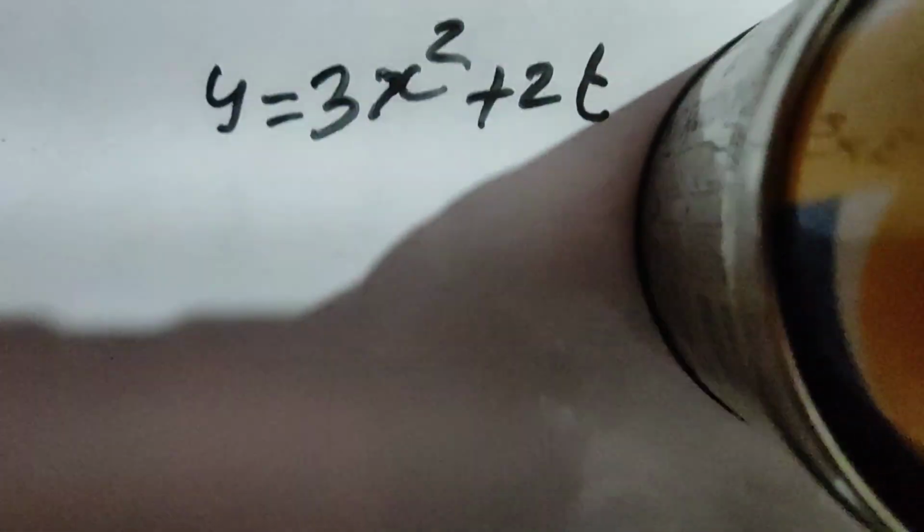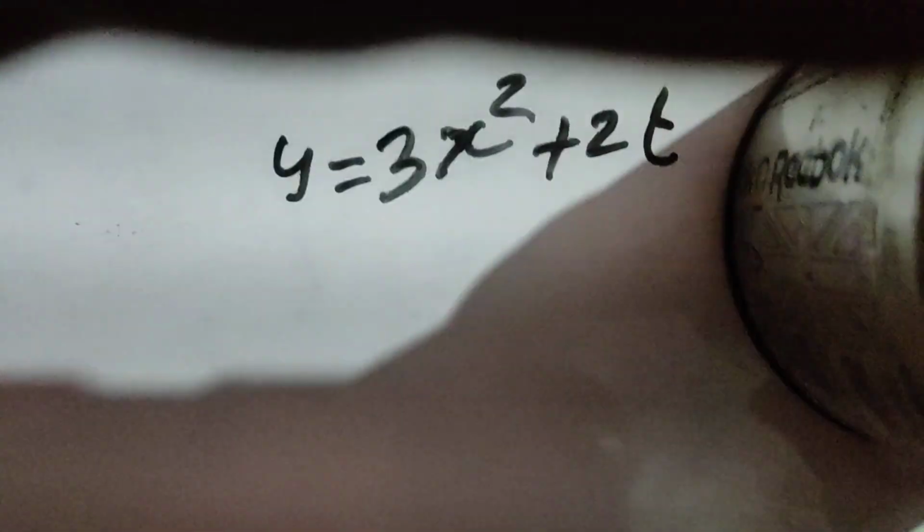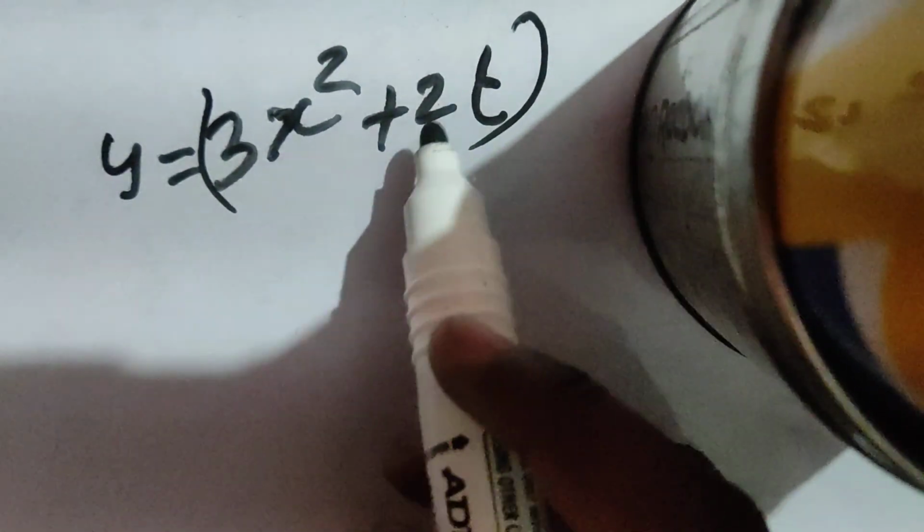Okay, so this time, now basically y is a function of this variable. So now this can be differentiated very easily. So this becomes 6x, and this becomes 2.